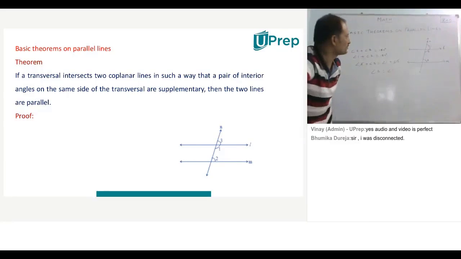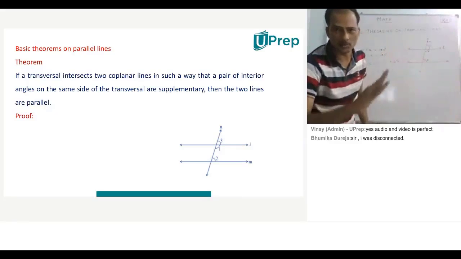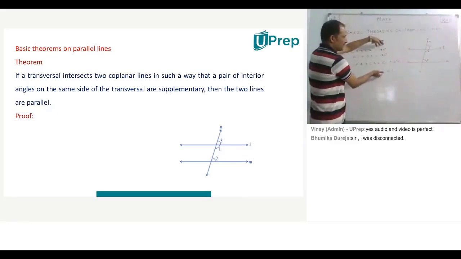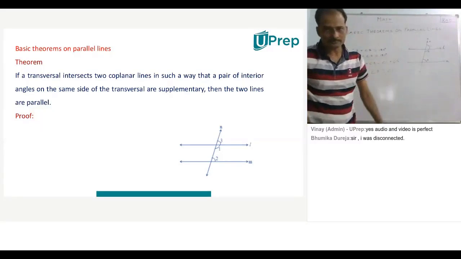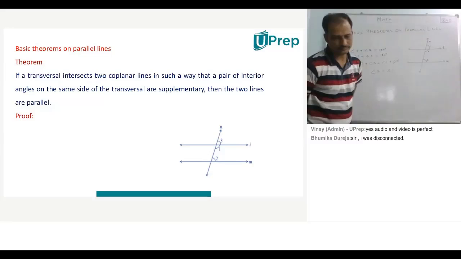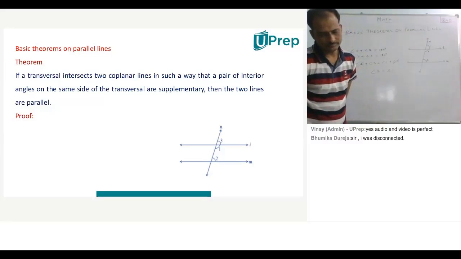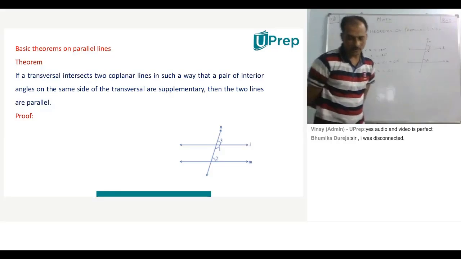Yes, sir. Chalo. Just draw the diagram. I'll be telling how to go ahead in proving this. Just for explaining, I have done it in this way. Chalo, draw. Done? Yes, sir. Write down.